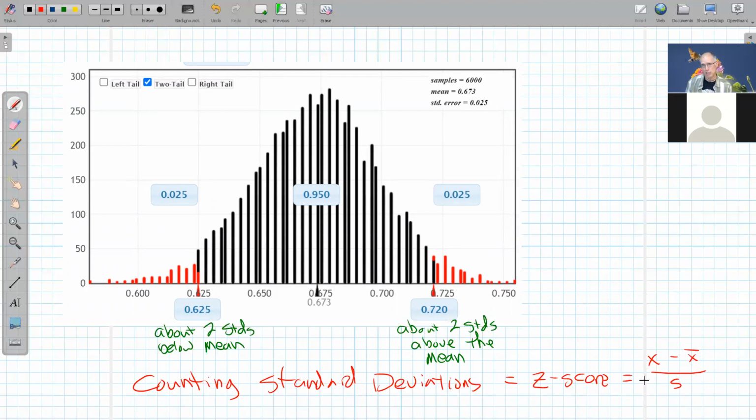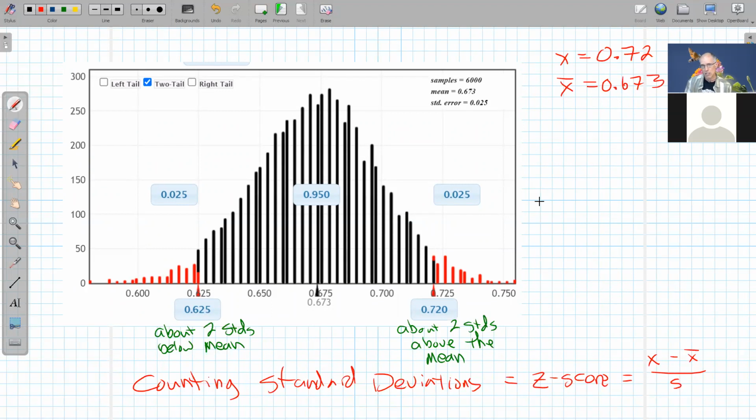I'm talking about means in this case. So I'm going to say X equals 0.72, and that extra 0 is not relevant. My mean here, that's the middle, 0.673, so that's my X bar.